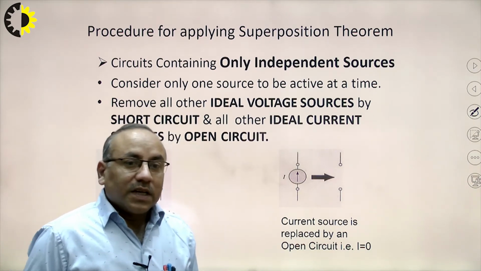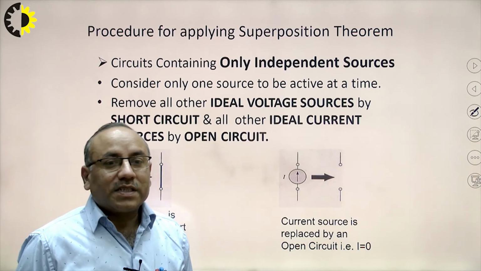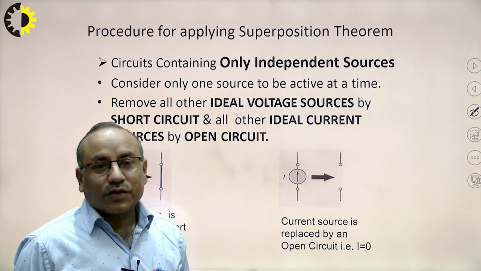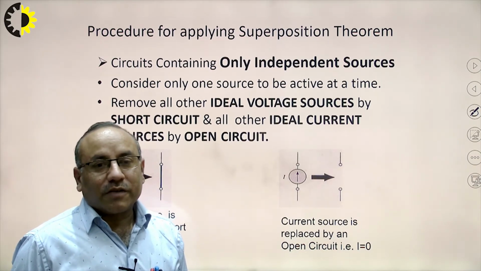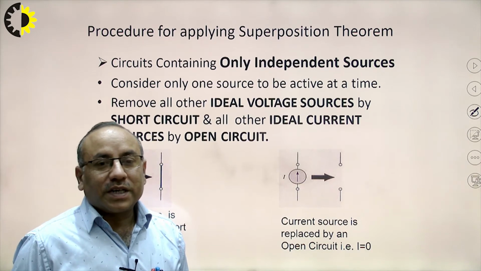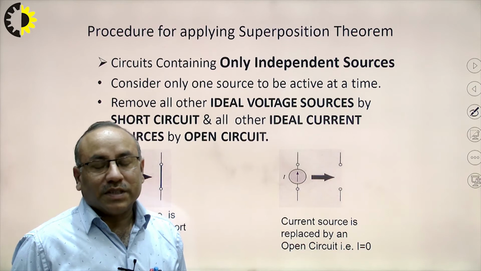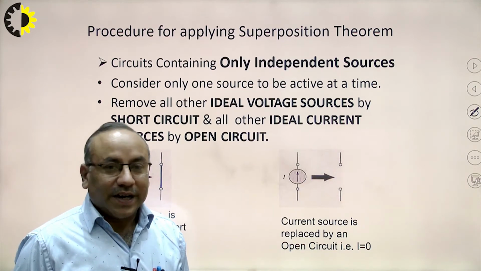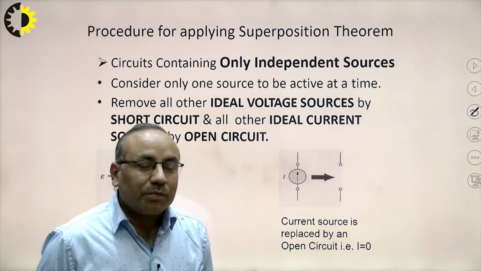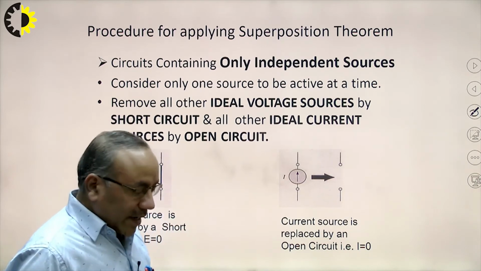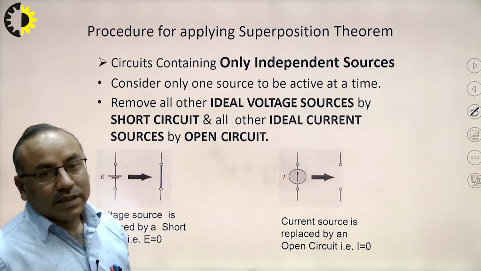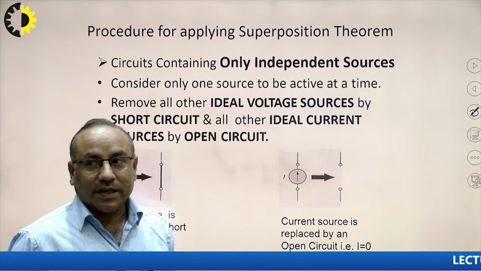Similarly, in the right hand side diagram, for a current source, to turn it off we open circuit it, so that the current from the source becomes 0, and again this source will not be able to provide any energy to the circuit in which it is connected.